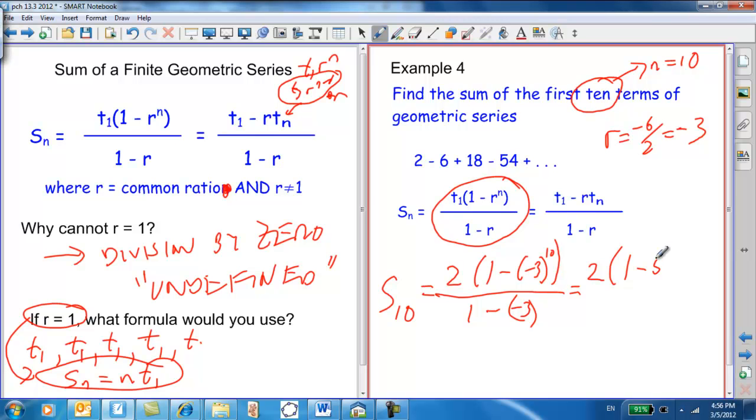We get 59,049, all over 4. So that part reduces, and we get division by 2. And we get 1 minus 59,049, so negative 59,048 divided by 2. And you end up with negative 29,524.